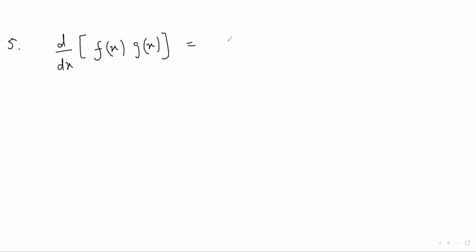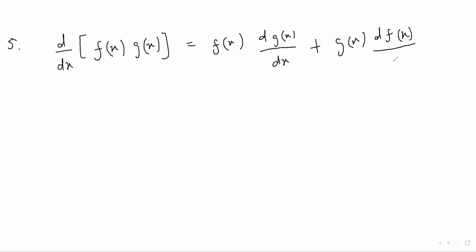In this case, we do the following. We go f of x multiplied by the derivative of g of x, plus g of x multiplied by the derivative of f of x. Okay, that's how you calculate that.